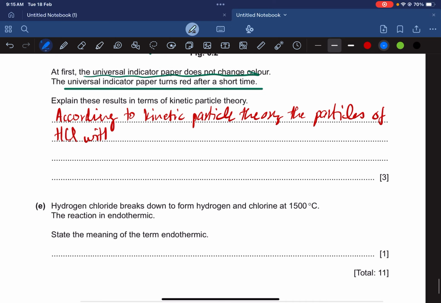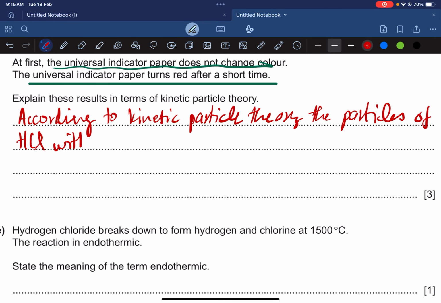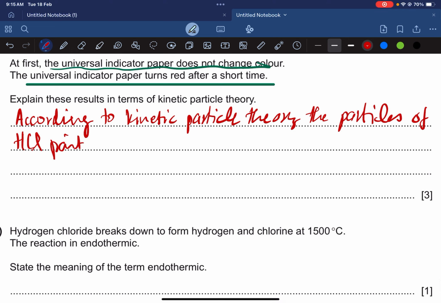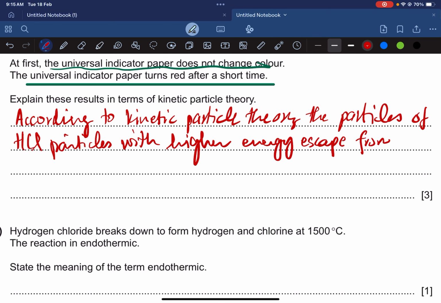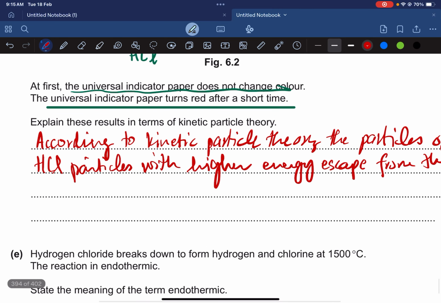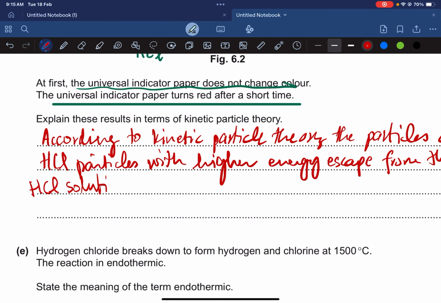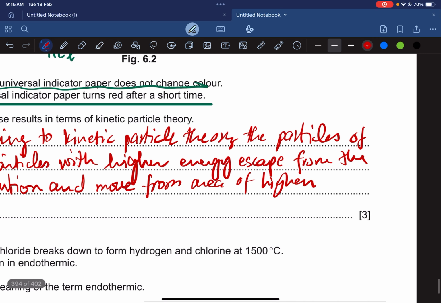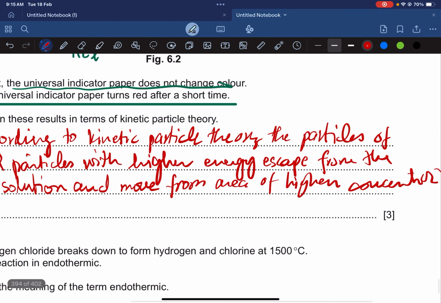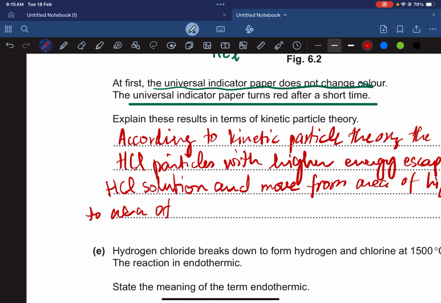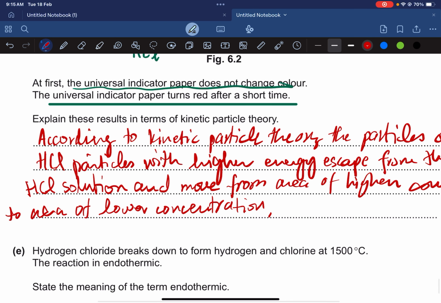So I'm going to write that according to kinetic particle theory, HCl particles with higher energy escape from the concentrated HCl solution and move from an area of higher concentration to an area of lower concentration, spreading throughout the test tube.